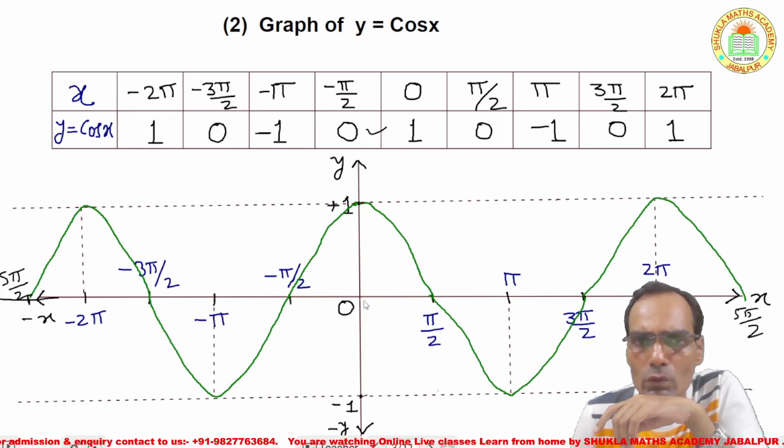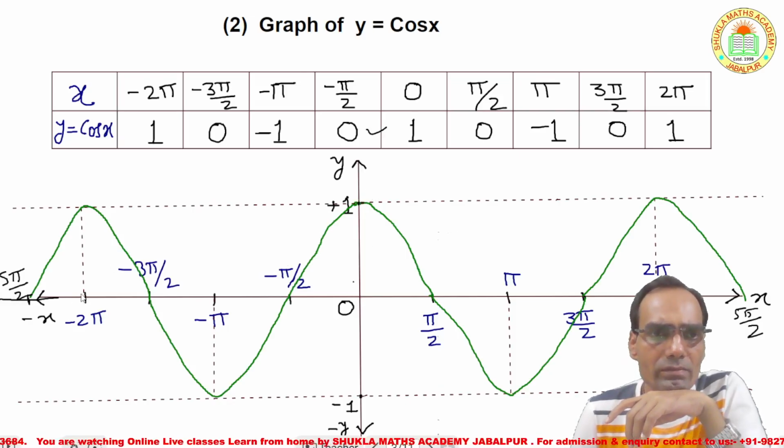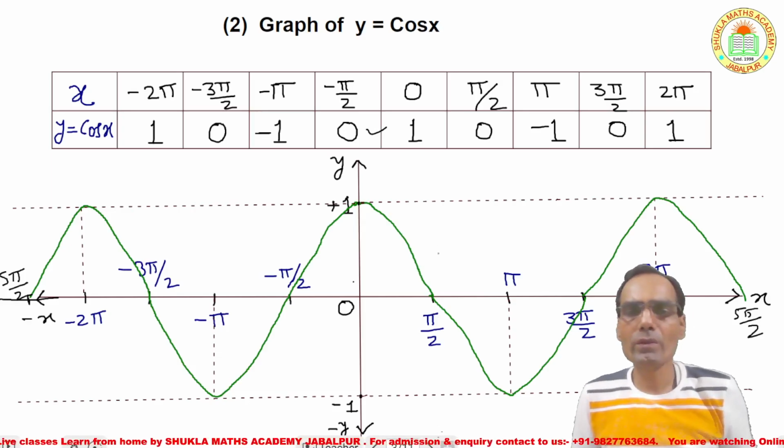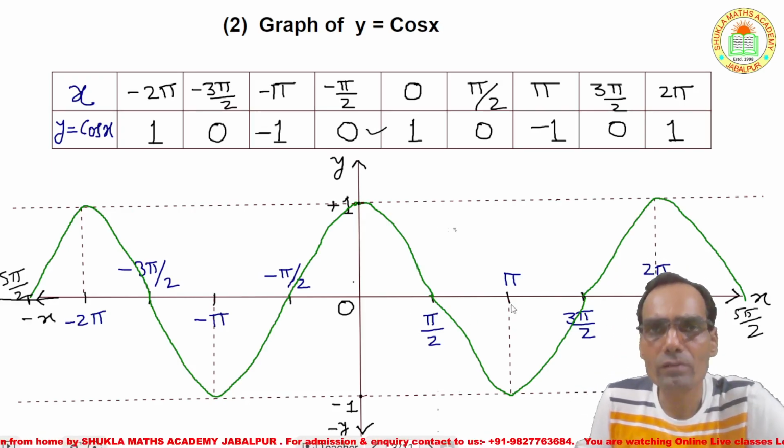Now see that from 0 to 2 pi, the graph begins here and ends here at the top at +1. And similarly, on the negative side, at the point 0 it is +1 and at -2 pi it is also +1. So we can say that between -2 pi and 2 pi, one cycle of cos x will be completed, right?